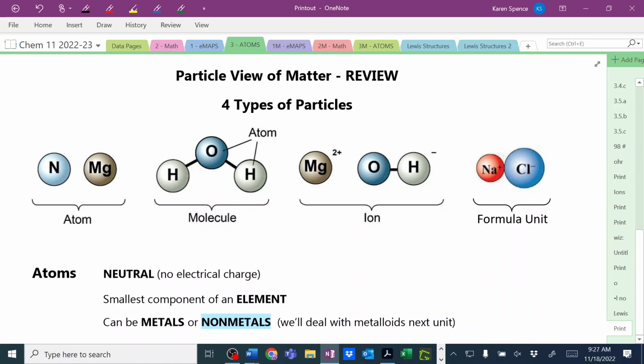I have to figure out where I put them. There they are. There we go.